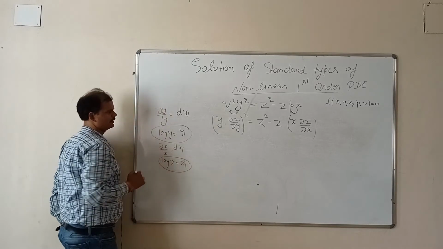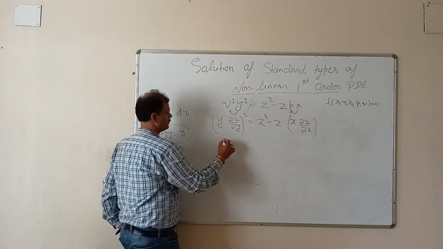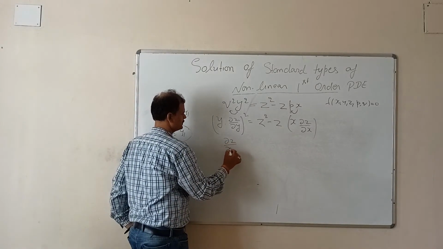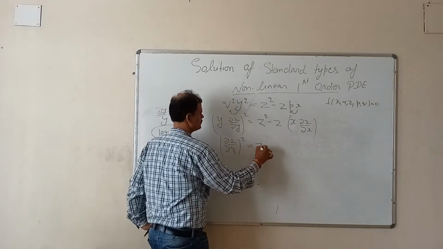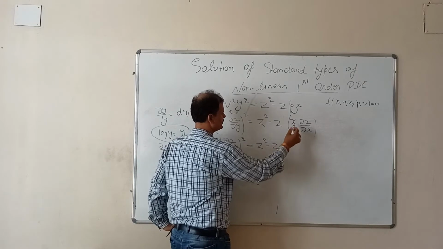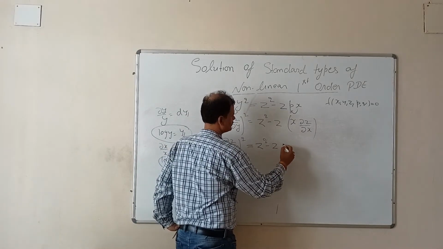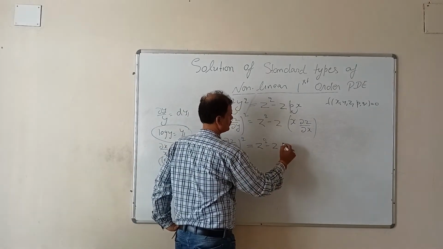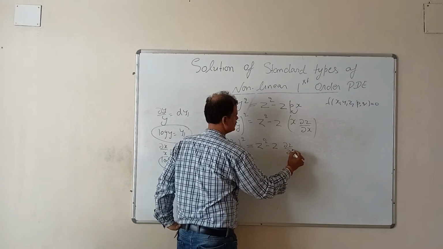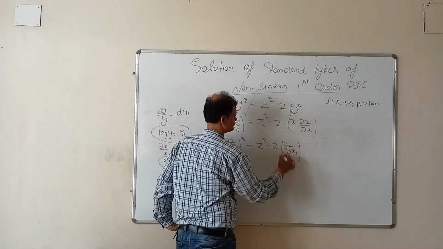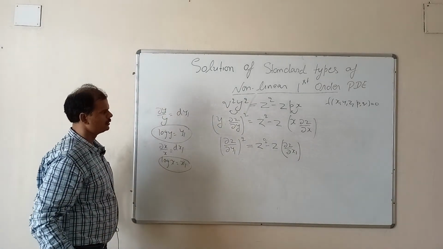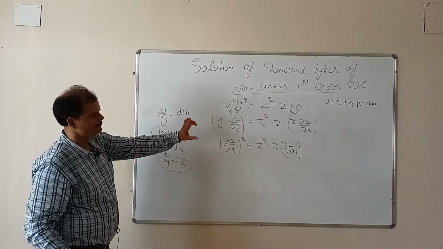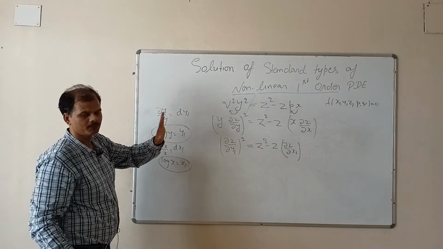Fine. So now we have dz by dy1 square equal to z square minus z into dz by dx1. So now this equation is in the form of p, q, z, standard form 2.